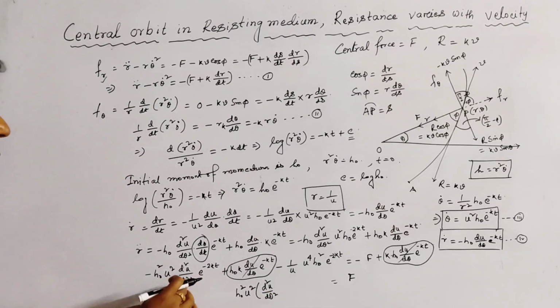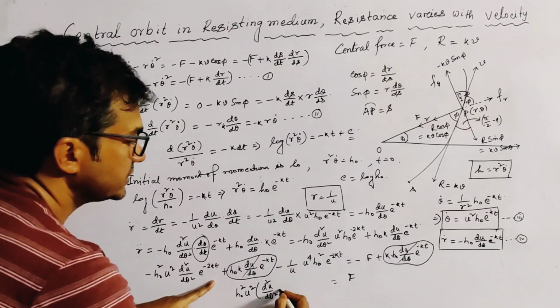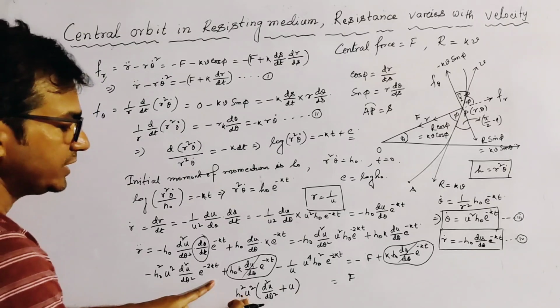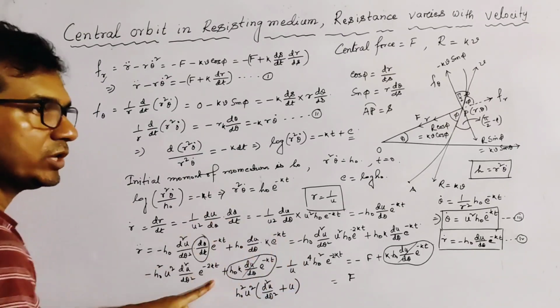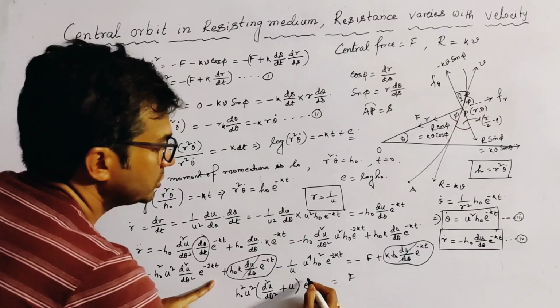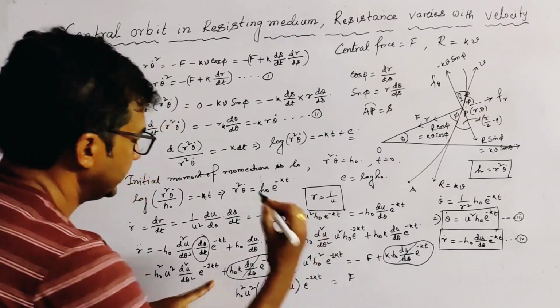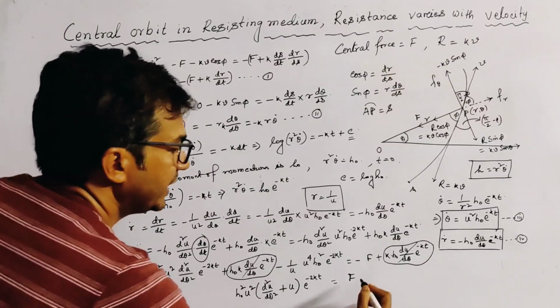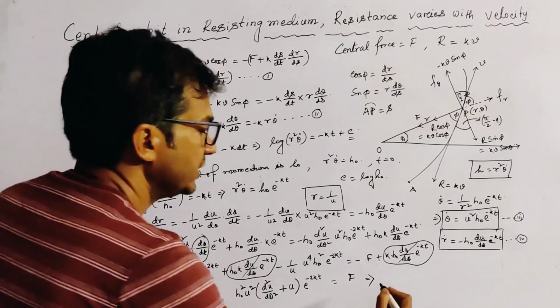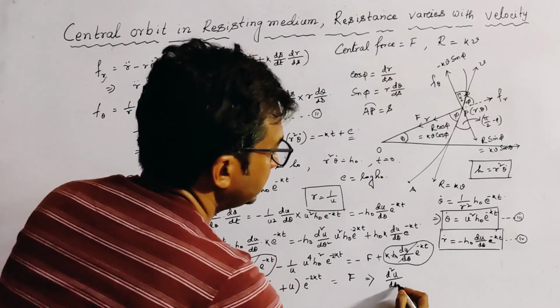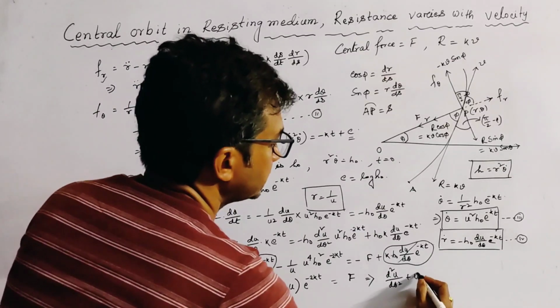This is the first term, and plus u, because when we take common u² there will be u³, and we also get common e^(−2kt). We get the result d²u/dθ² + u = f / (h₀² u² e^(−2kt)).